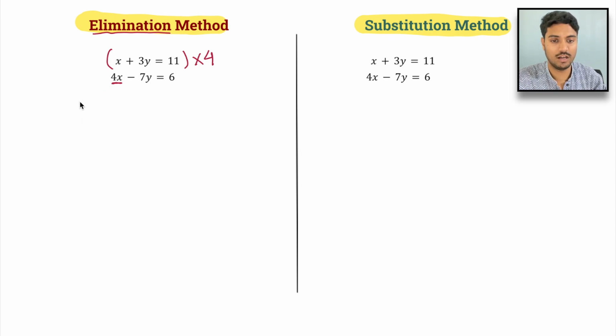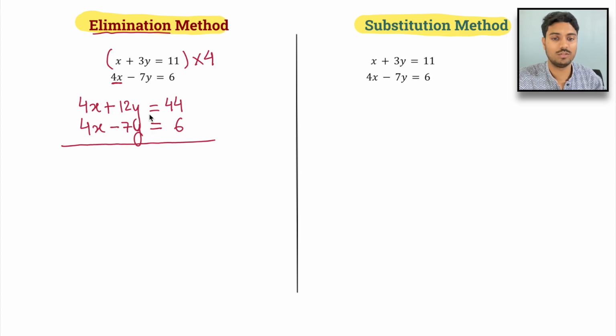First equation again: 4x plus, 4 into x is 4x, 4 into 3y is 12y, equals 11 into 4, that is 44. Now write down the second equation, that is 4x minus 7y equals 6. And now we can subtract the second equation from the first equation.